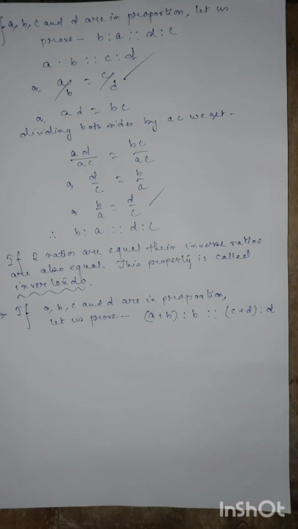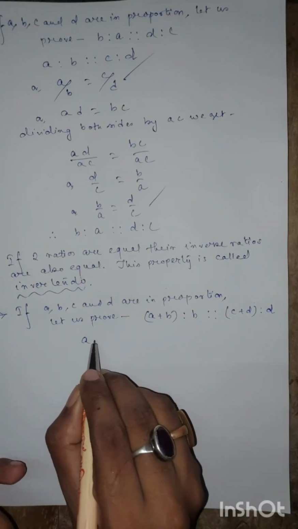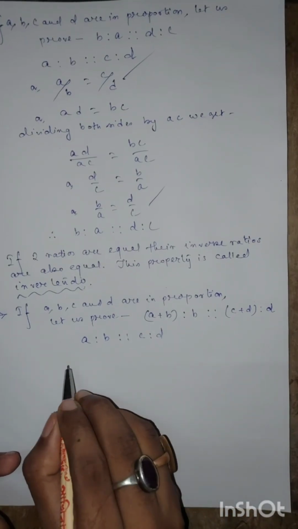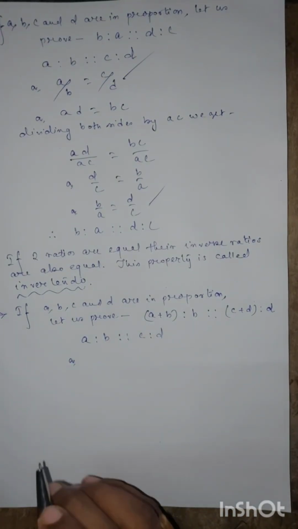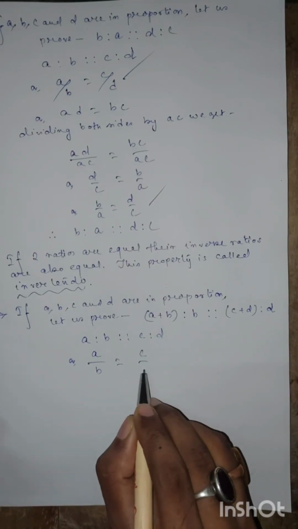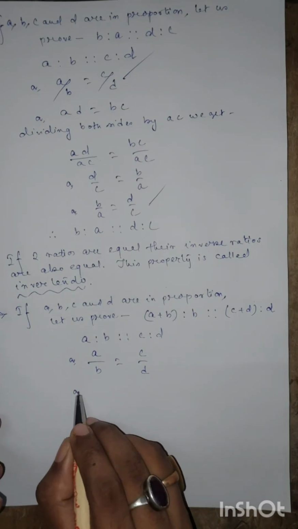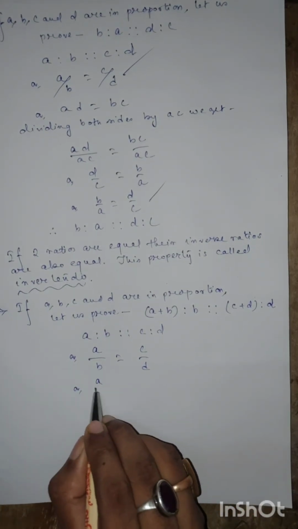Now let us write the given information that A, B, C, D are in proportion. Now we can add 1 to both sides of this equation.